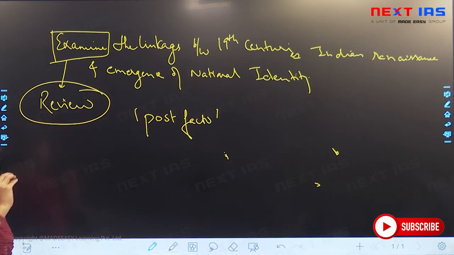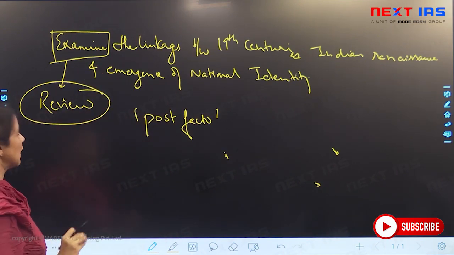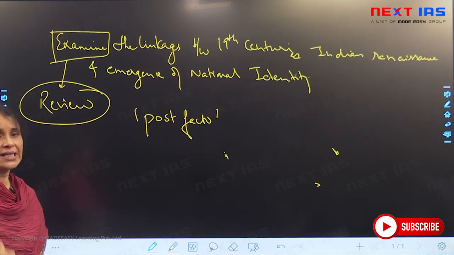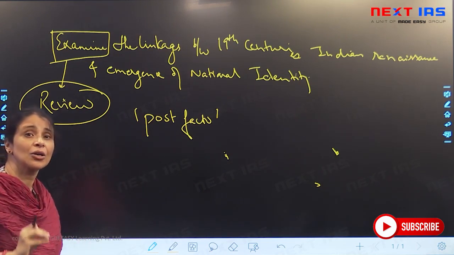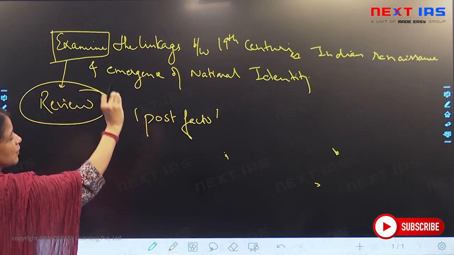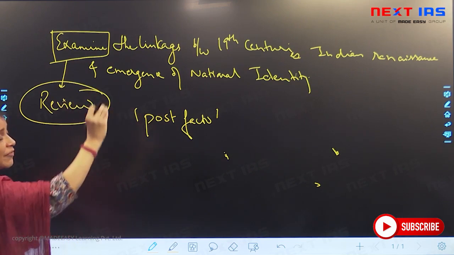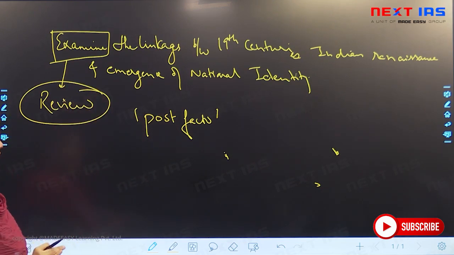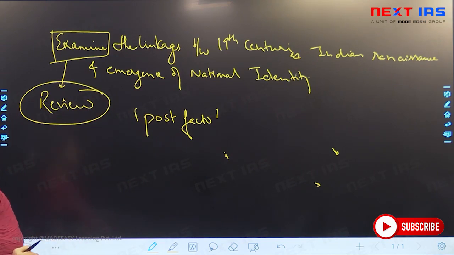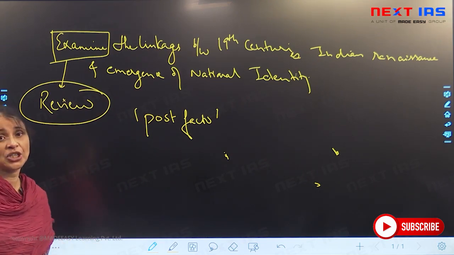So whenever you get this tail word, you have to go into each and every minute detail, and then give your conclusion also, that there is a linkage between Indian Renaissance and emergence of national identity, because otherwise your examination is incomplete.